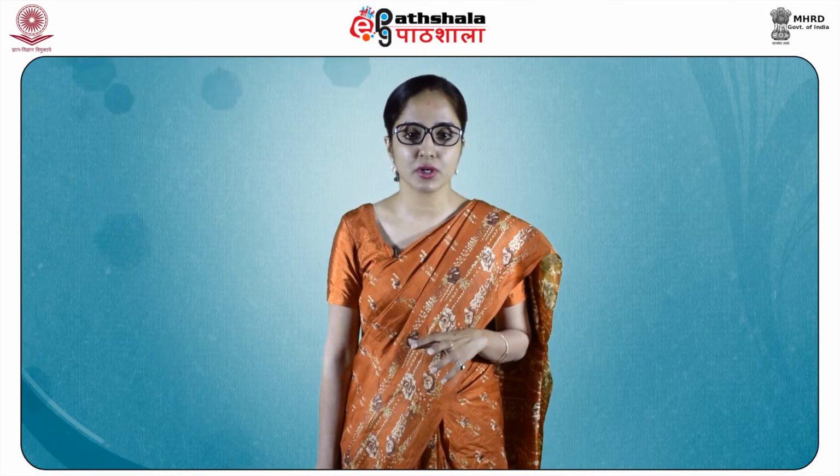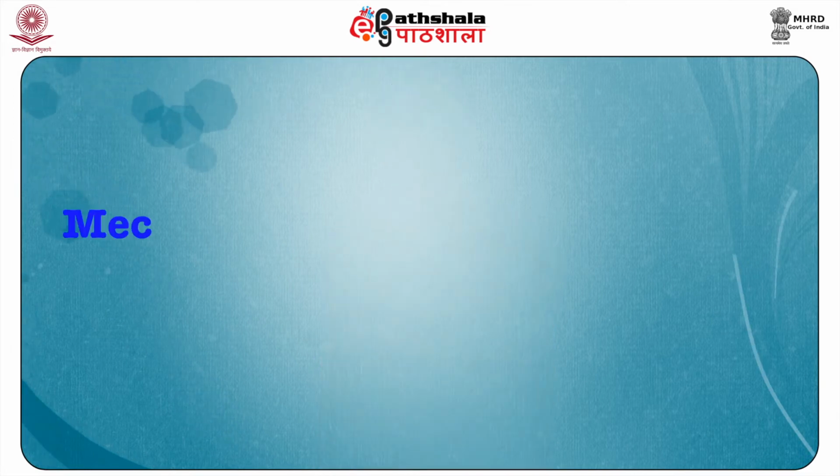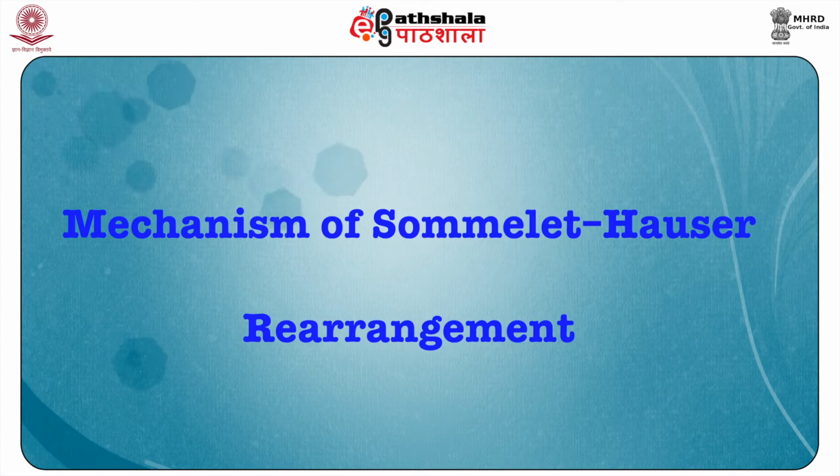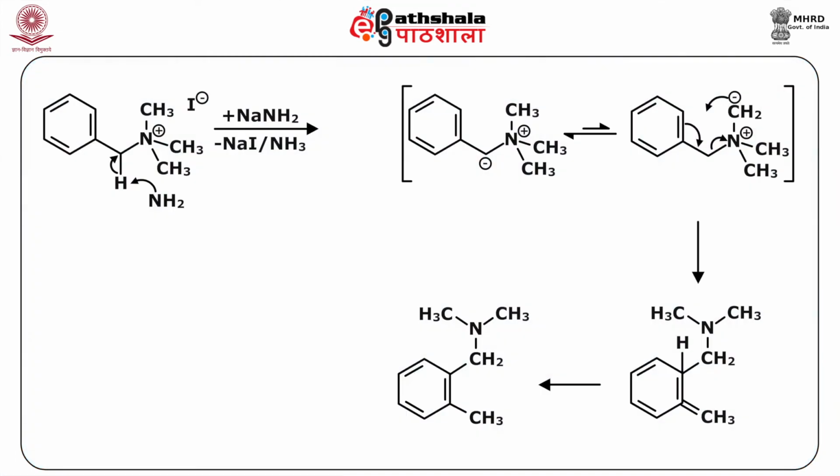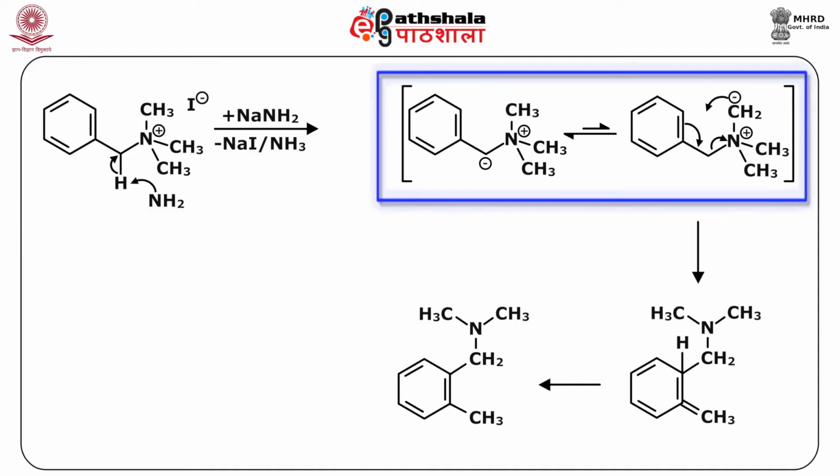The Stevens rearrangement, another reaction, is a competing reaction to the Sommelet-Hauser rearrangement. Let us now study the mechanism of Sommelet-Hauser rearrangement. The reaction proceeds via deprotonation of the benzylic methylene protons, which is acidic, to yield the benzylic halide.